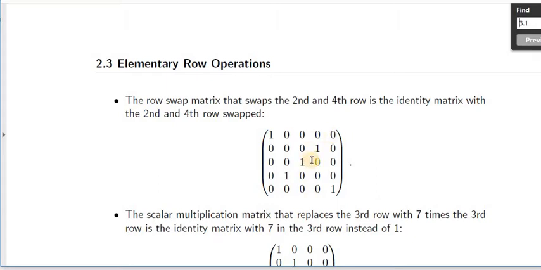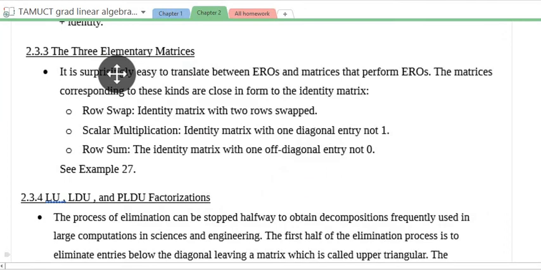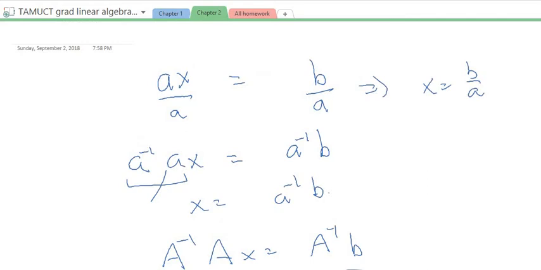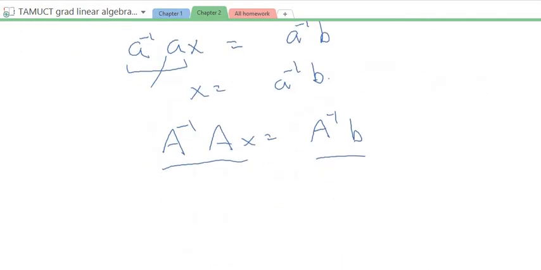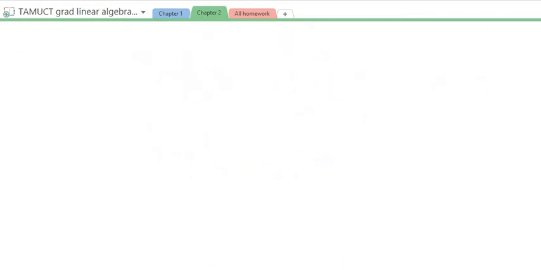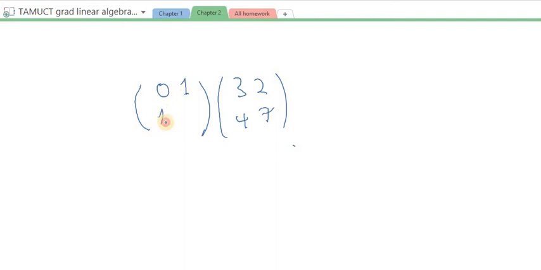You can try that with some matrix, or try it with a smaller matrix. Let's look at a simpler example. Let's just do a 2 by 2. Suppose I have a matrix like this: 3, 2, 4, 7. And let's do this simple row swap: 0, 1, 1, 0.